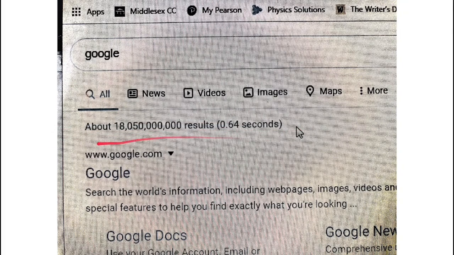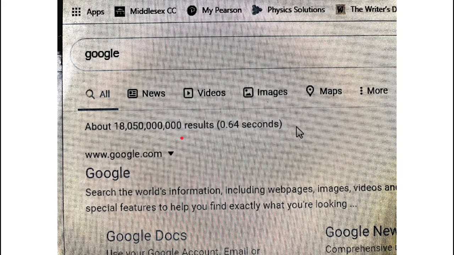That's how you say that number. First of all, Google does not care how many results they have for every single word you put there. They only put this number here to give you an idea as to how many results there are. Second of all, it says about this number. So we know we're not talking about the whole 18 billion being exactly 18 billion 50 million.